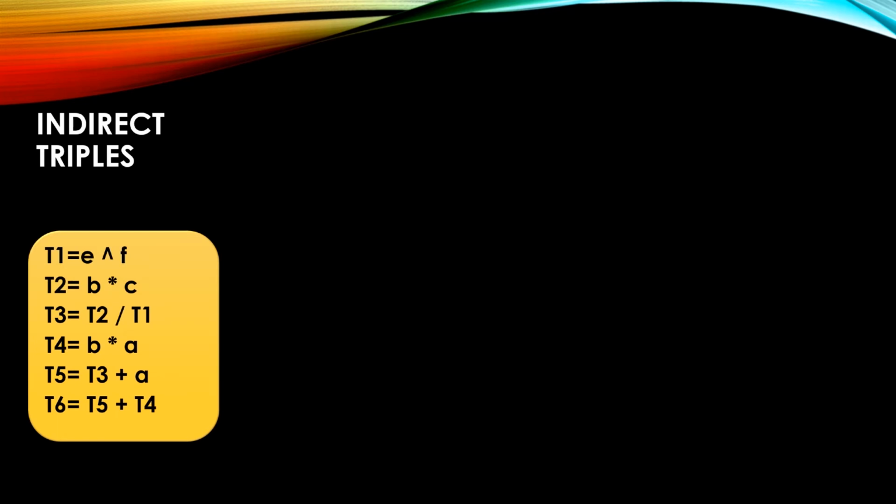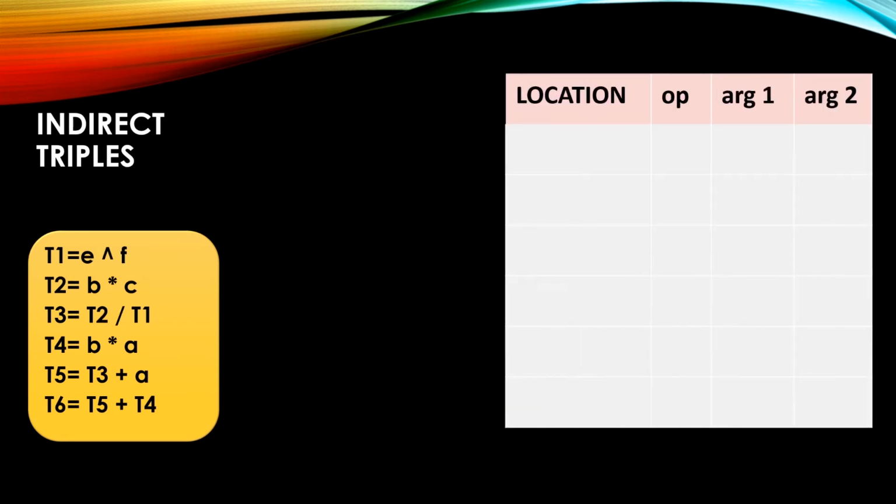Indirect triples. So, first let us fill the table. This table is similar to our triple table only. So, I am writing as it is, as we have filled in our triple table. For the first statement and for the second statement, operator is star, first argument is B and second argument is C, and for the third statement it is stored in location 2.